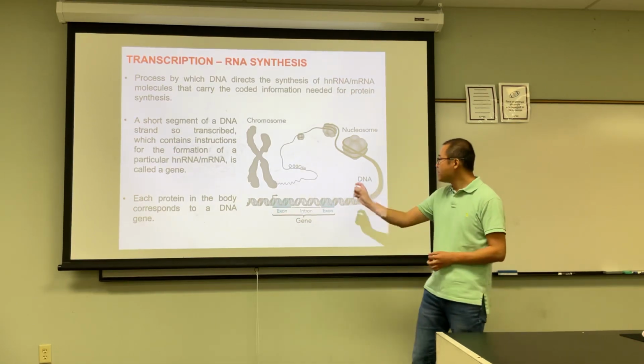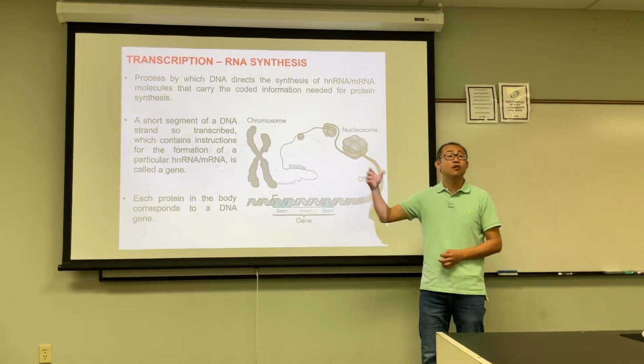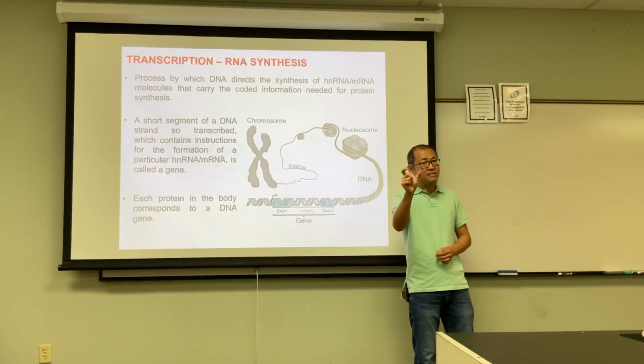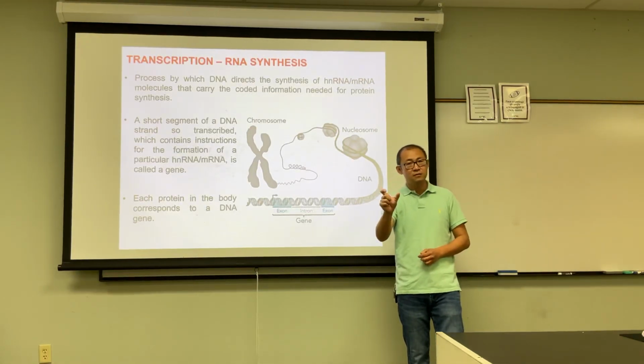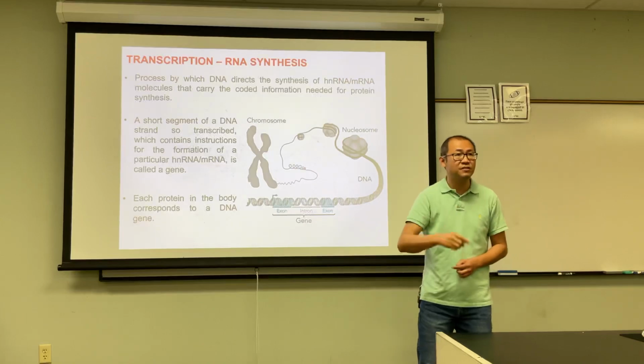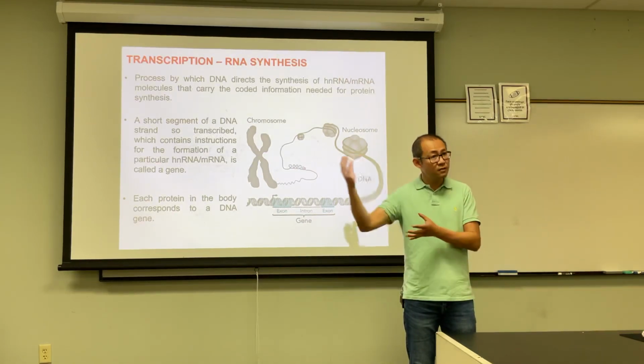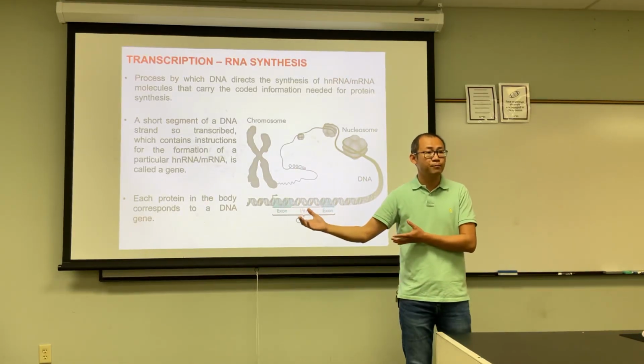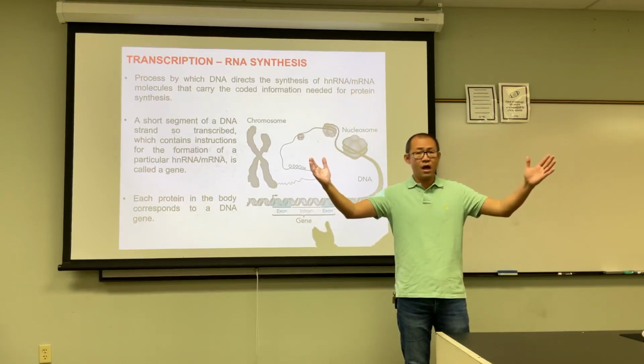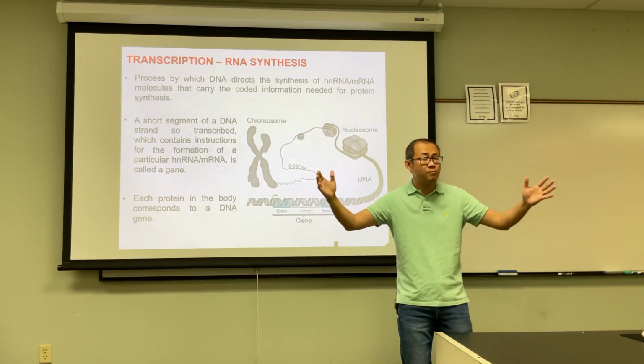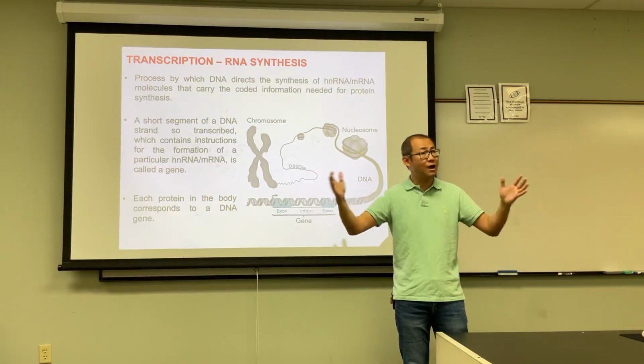And that certain piece of DNA that is going to be transcribed is the piece that contains information for one protein synthesis. Remember, DNA is transferred to what? To a protein. A whole DNA molecule can have a lot of protein information, but sometimes you don't have to transcribe them all.